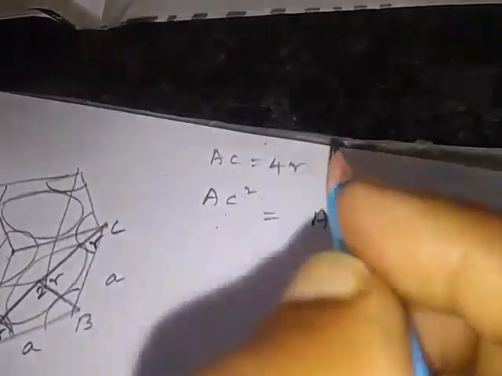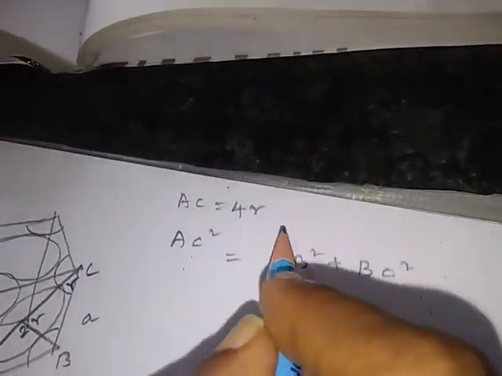So AC squared, according to the Pythagoras theorem, is equal to AB squared plus BC squared. So the value of AC equals 4R.